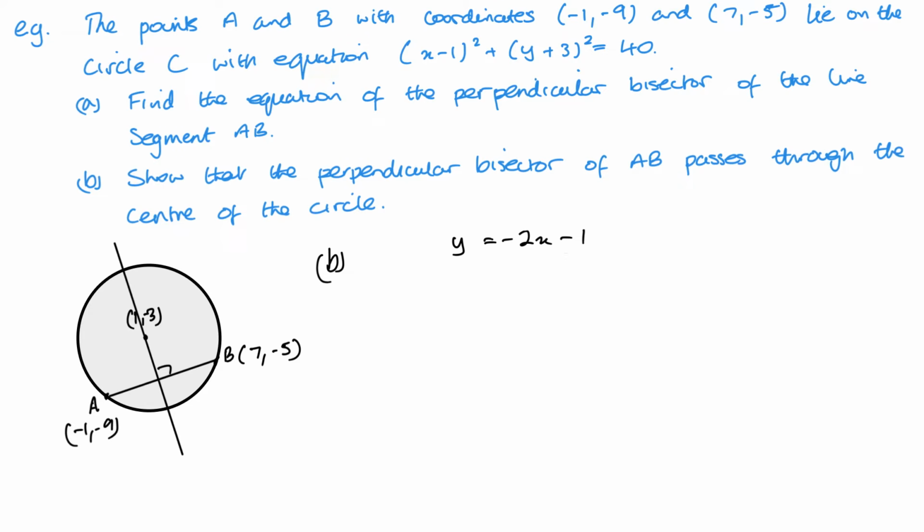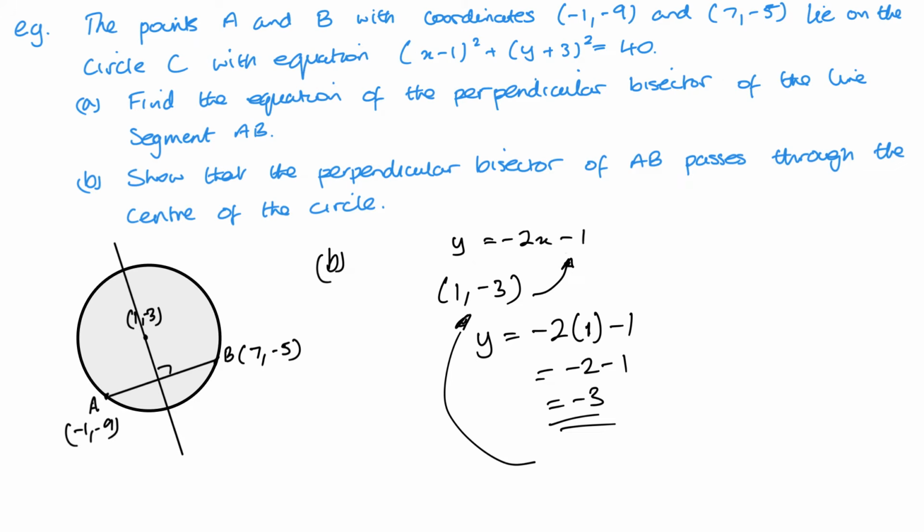Now, for part B, I need to show that the perpendicular bisector of AB passes through the center of the circle. So I want to substitute the center of the circle, which is 1, minus 3, into my equation and show that it works. So we've got y equals, so we should have minus 3 out here, so minus 2 minus 1 is minus 3, and that is exactly what we were expecting. Okay, and that's essentially all we need to do to prove this.